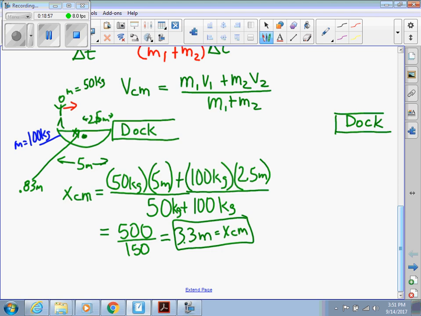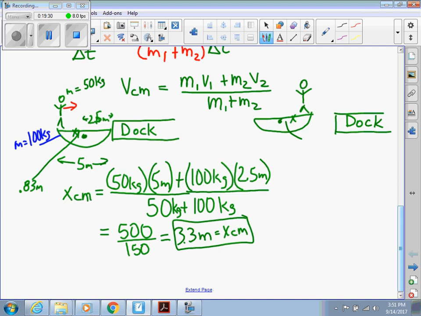And so if we walk over here and we have the situation where now the boy walks from that end of the boat to the other end of the boat, the center of mass of our system is going to remain at the same spot, at 3.3 meters, and the center of mass of the boat will be about here.